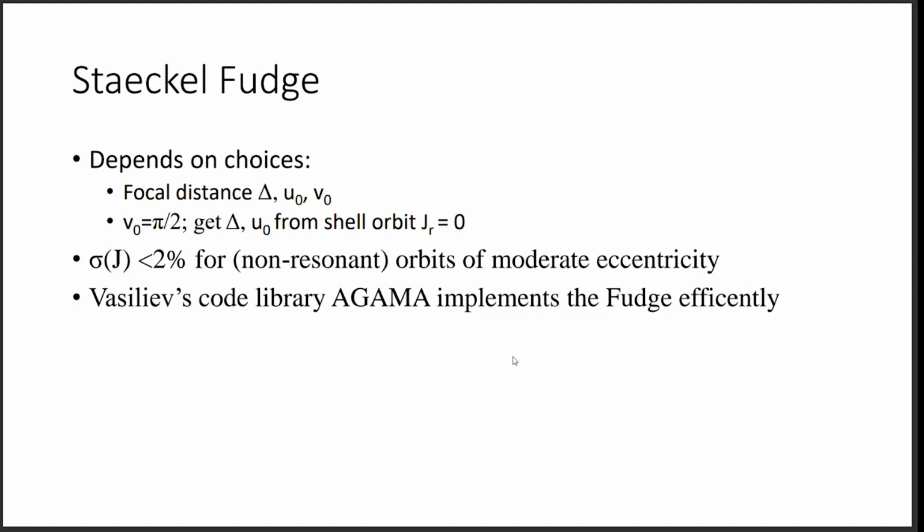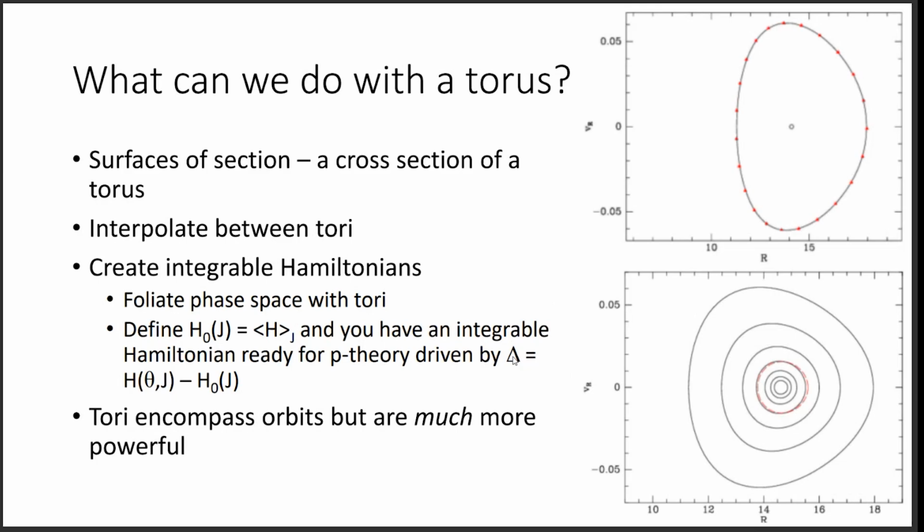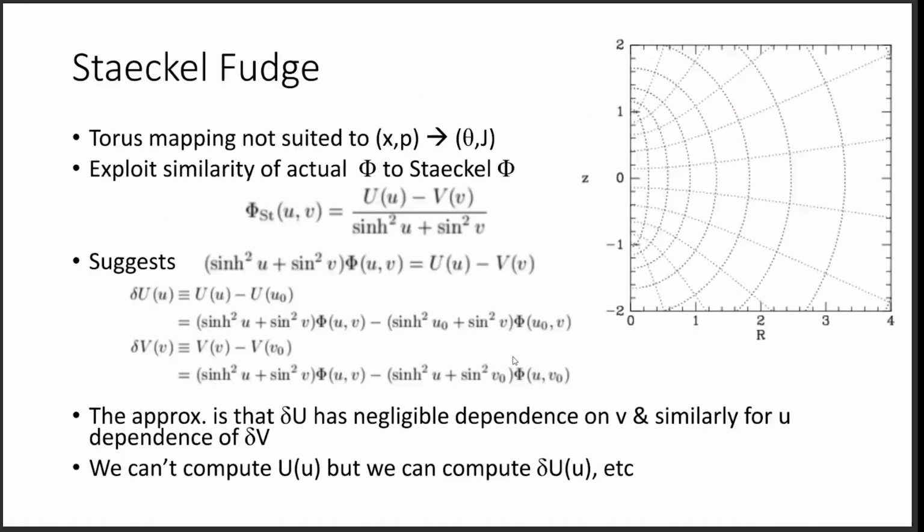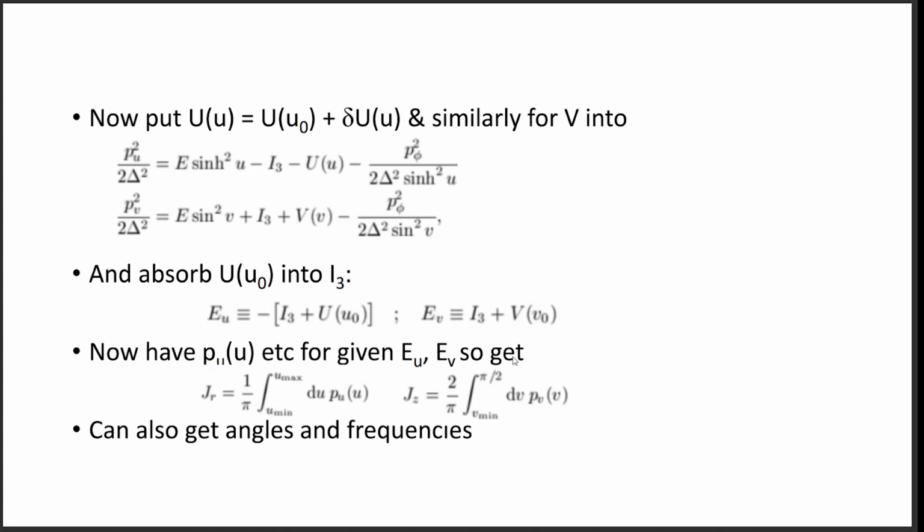And it's also pretty clear that u naught should be the value of u at which the shell orbit, that's the orbit with J_R equals naught, cuts the plane. Here we had the shell orbit in the RZ plane, but that can be mapped into the uv plane. For a given angular momentum, the shell orbit cuts this plane at a certain value of R or a certain value of u, and that should be what u naught is. So those two constants are pretty much chosen for you.